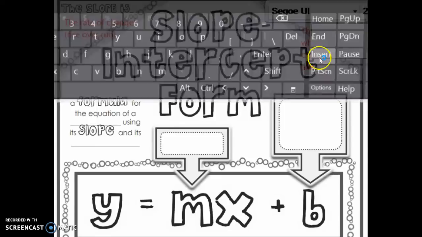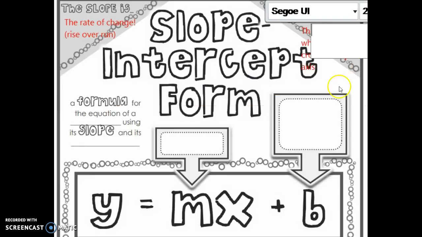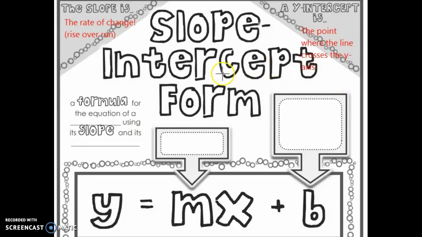Sorry, that's not bolder. Okay, a formula for the equation of a line. Now I'm going to start writing just because it's quicker that way. Excuse my handwriting, it's really hard on this.